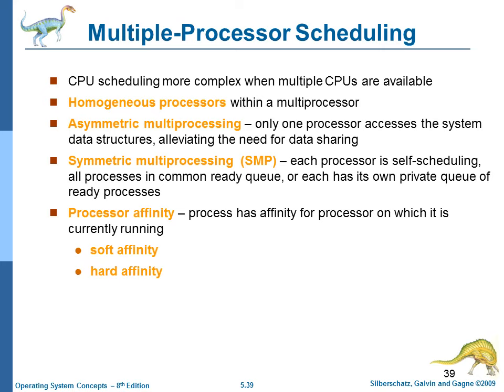Load sharing revolves around balancing the load between multiple processors. Multiprocessor systems may be heterogeneous systems, which means different kinds of CPUs, or homogeneous, which means all the same kind of CPU.